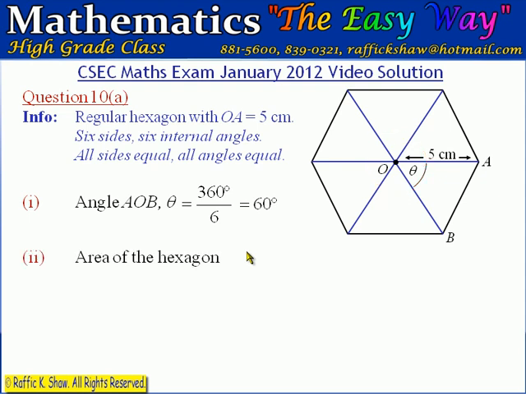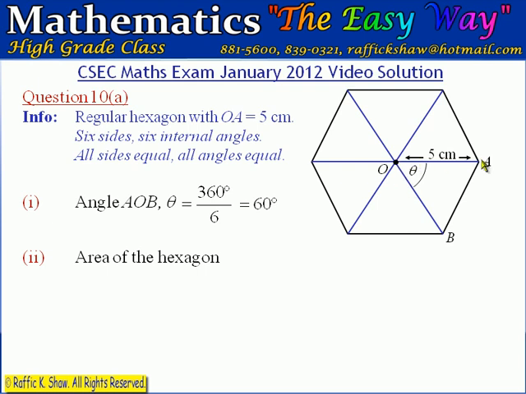Now part 2 is asking for the area of the hexagon, and based on this diagram there are 6 equal triangles in here, 6 congruent triangles, and so if we find the area of this triangle and multiply it by 6, we would have calculated the area of the hexagon.